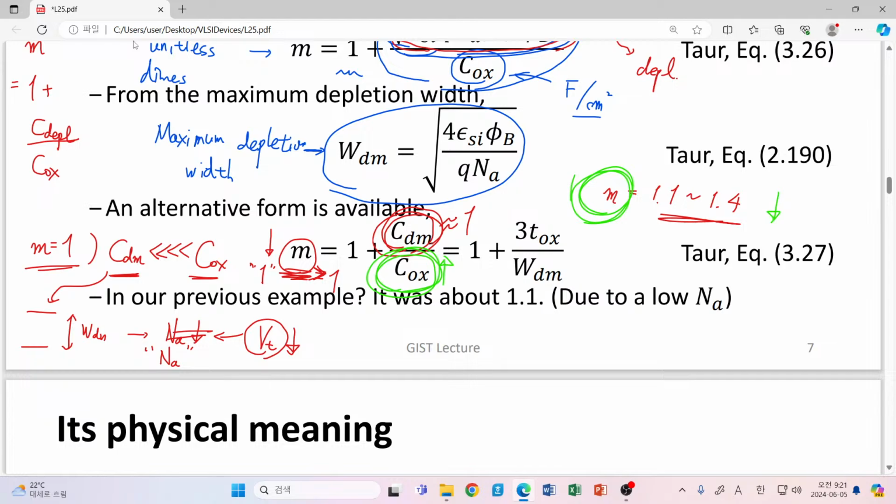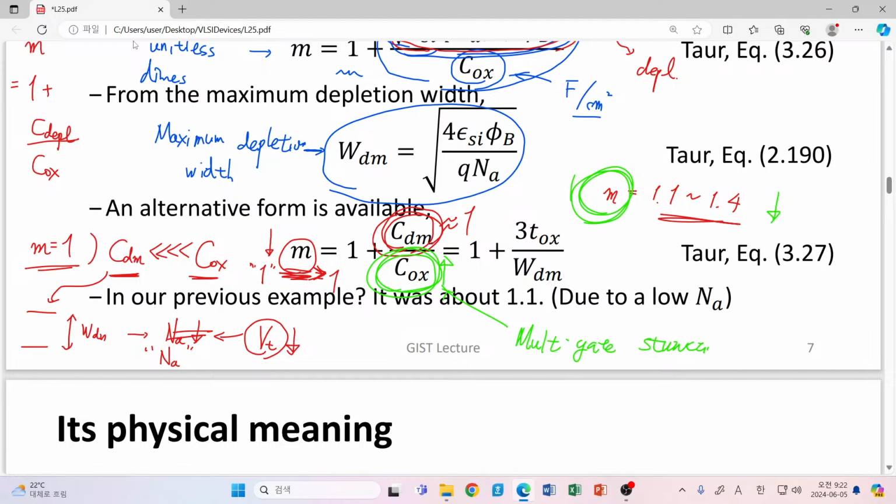So that is actually the driving force for introducing multi-gate structure. In order to have steep subthreshold slope, of course we can try to reduce NA value, but that is not a way we have to follow.